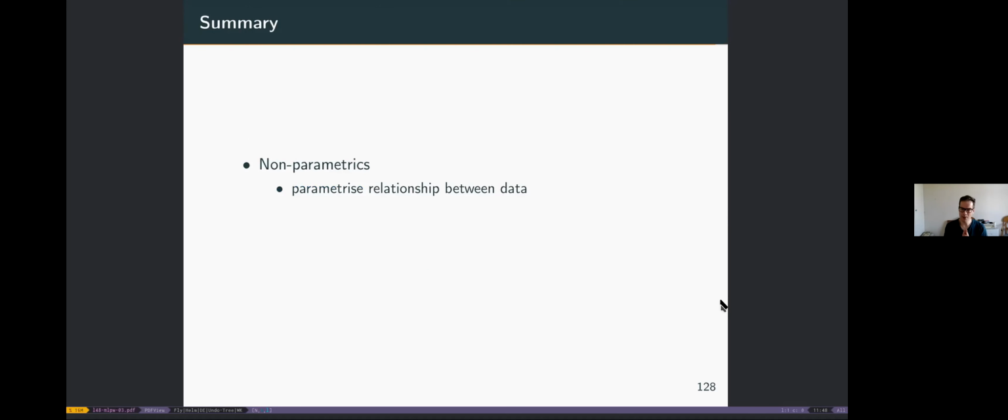The idea with non-parametric is that instead of parametrizing the function itself, you parameterize relationships between data. And you effectively can think about how much information knowing this tells me about everything else. If you can parameterize this, a non-parametric model is super useful.